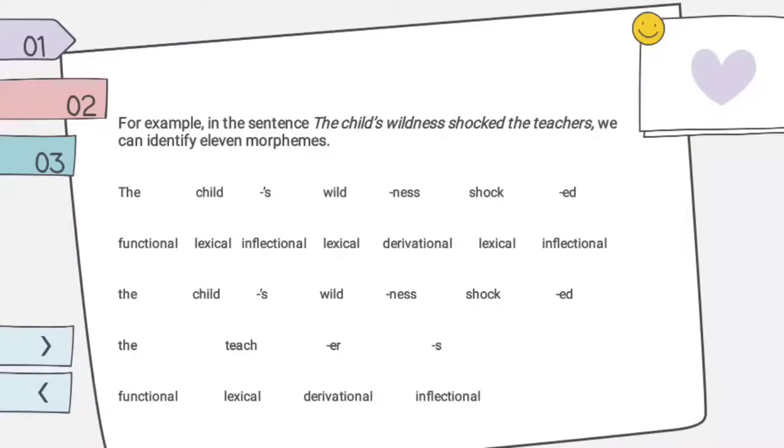The for the functional, child for lexical, 's for the inflectional, wild for lexical, ness for derivational, shock for lexical, ed for inflectional, the for the functional, teach for the lexical, er for derivational, and s for the inflectional.